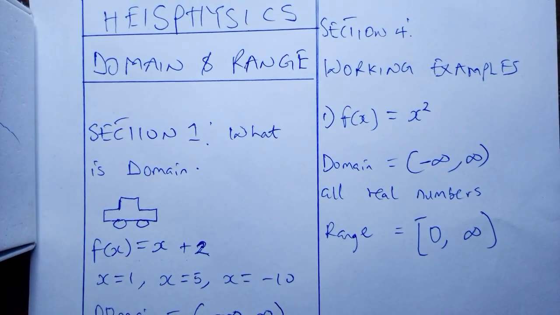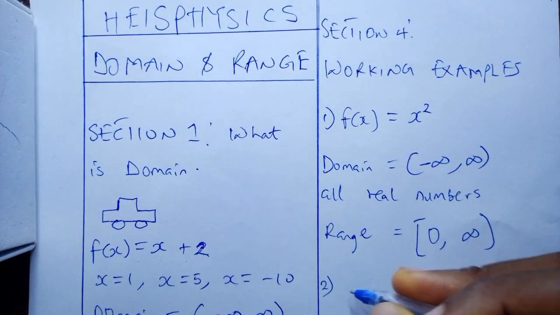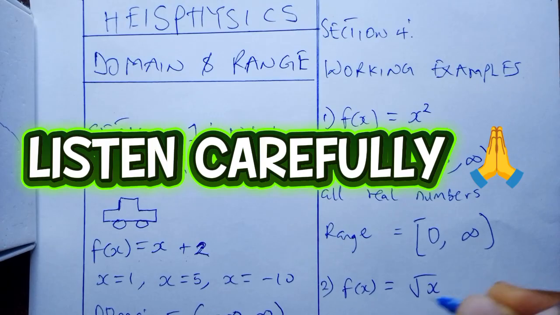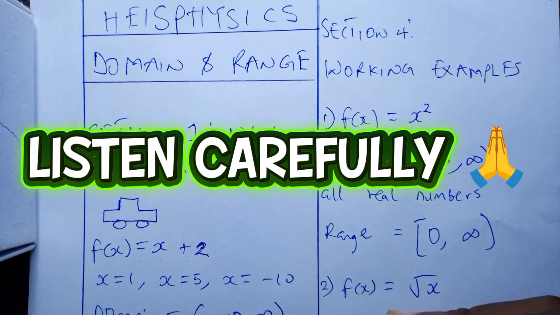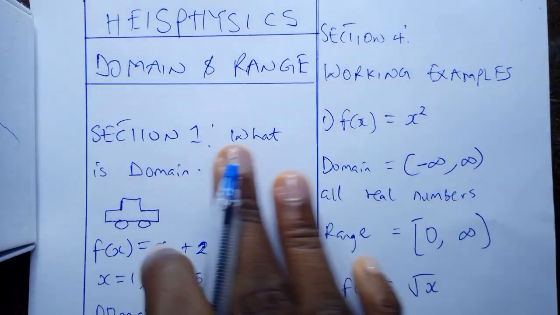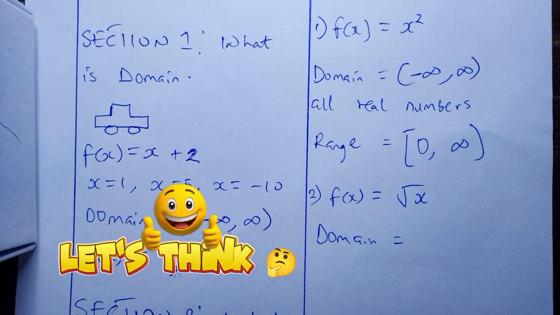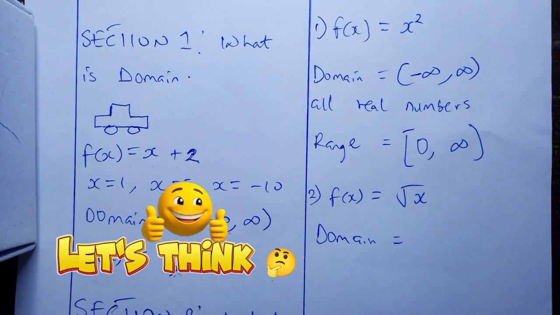Now, example 2, f of x equals root x. The domain for this particular function equals, now let's think again. Domain stands for what? Input. If you put 2 here, the function is correct.